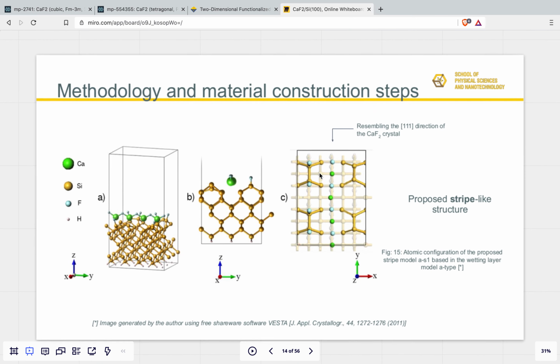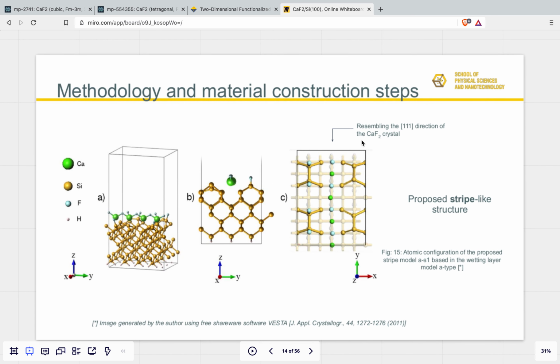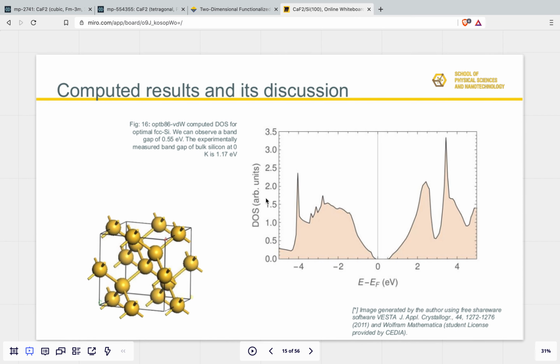The last step was to propose an atomic configuration for the stripe-like structure, and again, after exploring our tree, the most promising result came out from resembling the 111 direction of the calcium difluoride crystal on top of the wetting layer. Now let us check some results.